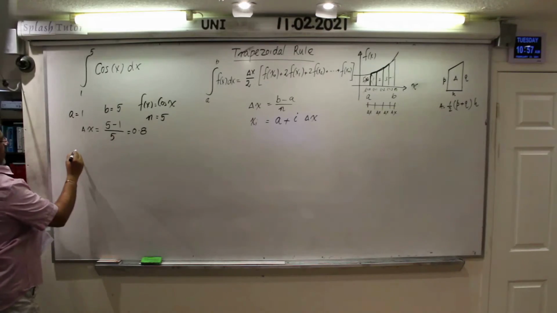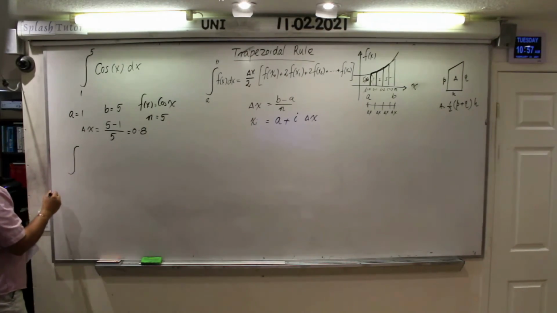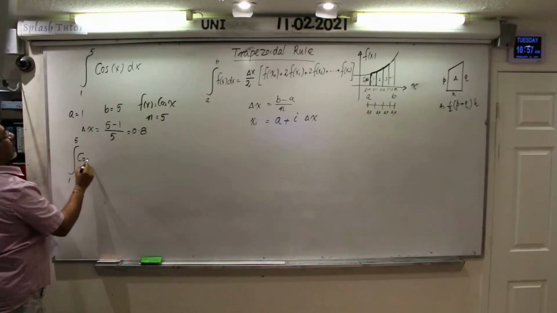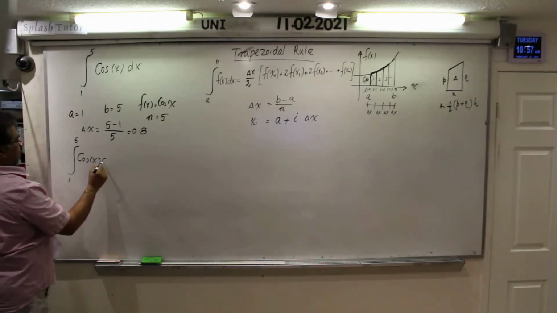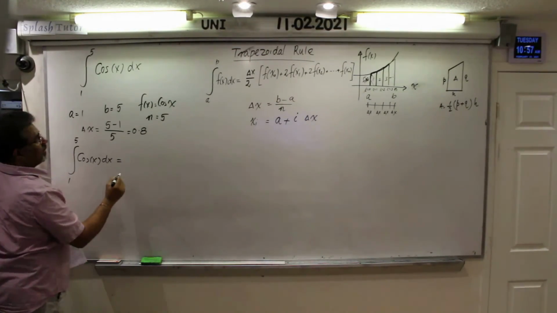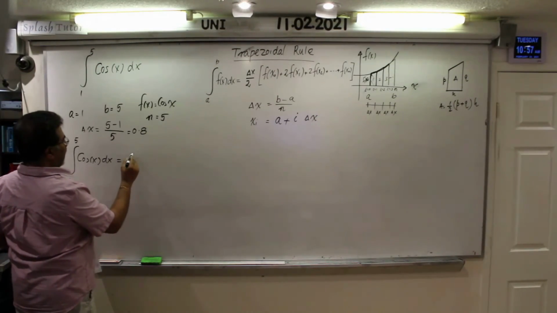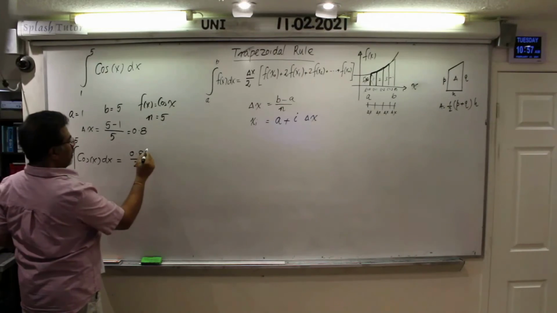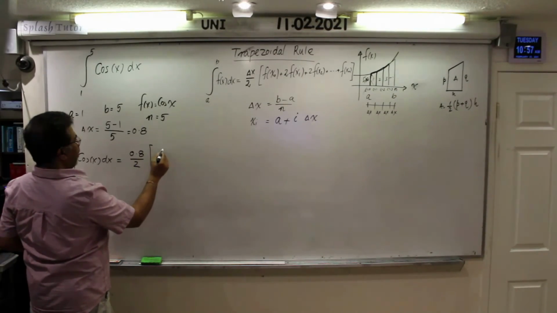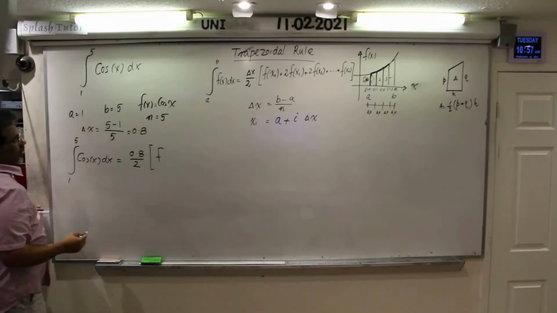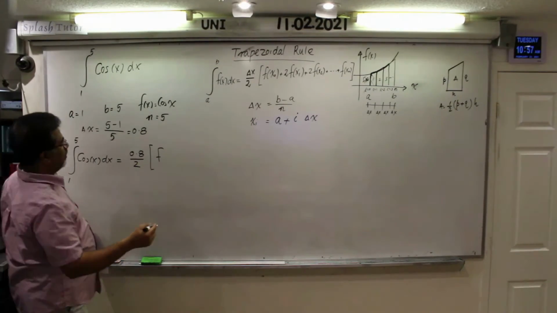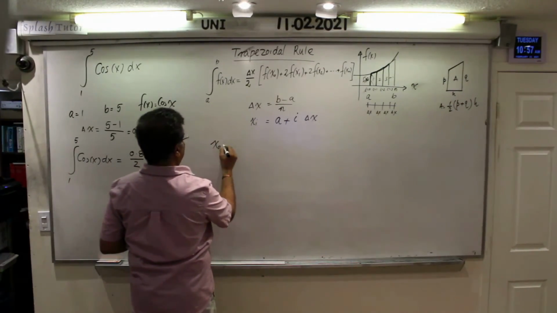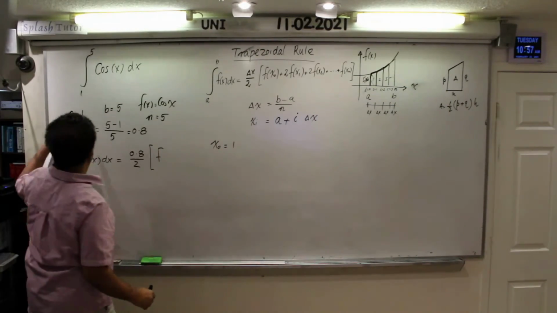So the integral from a to b, that is 1 to 5 of cosine x dx, is the same as delta x by 2, that is 0.8 divided by 2, times f. Now we need to know what x0, x1 are. x0 is 1.